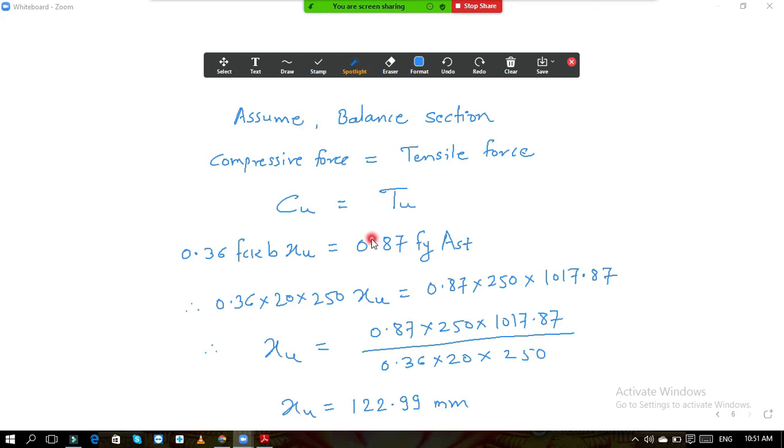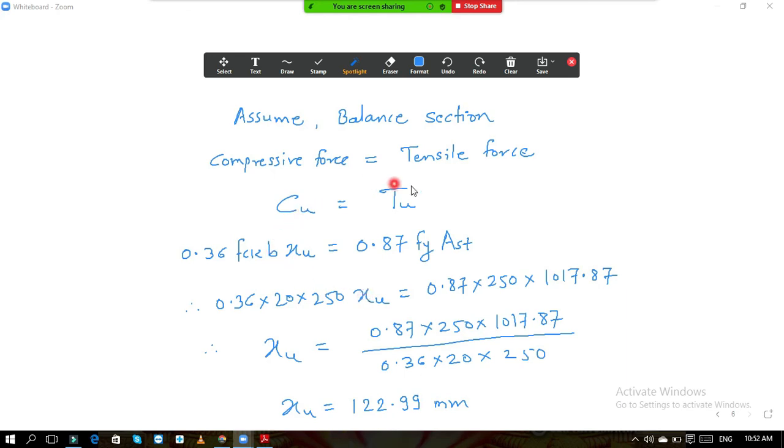Now this much total problem they will not give to you. They will give you the value of B, FCK, FY, AST directly, and they will ask you to find out the depth of neutral axis. Now what you need to do is assume the balance section, equate Cu and Tu, and from that you will get this answer. I hope you are getting whatever I am trying to tell you.